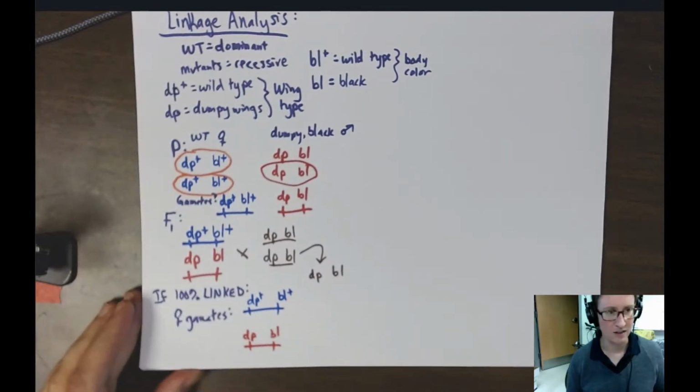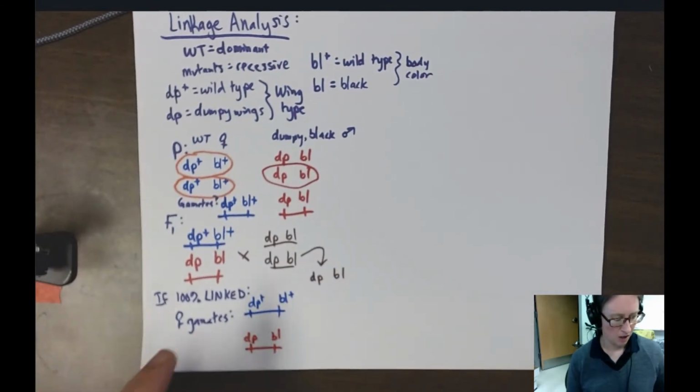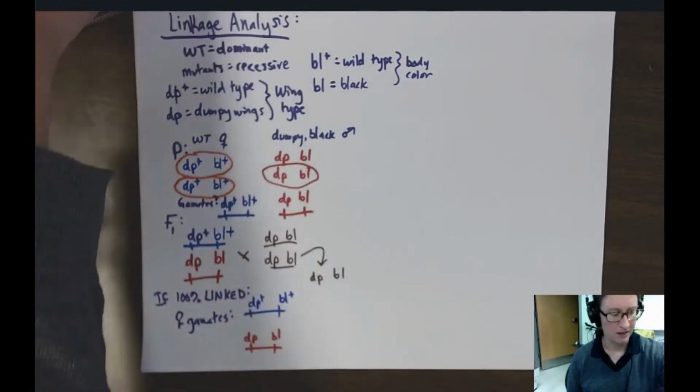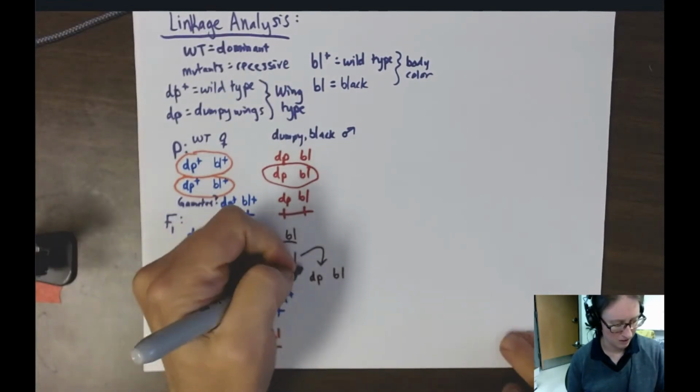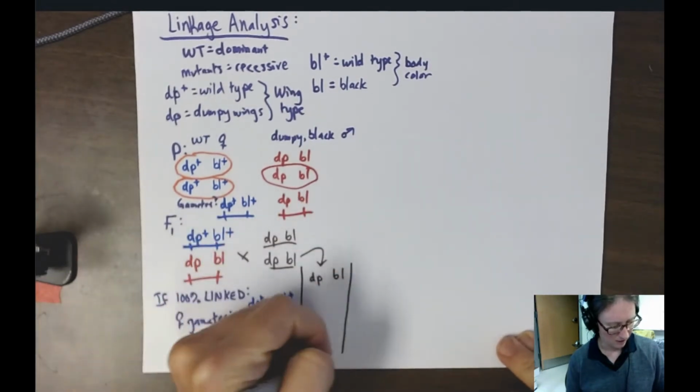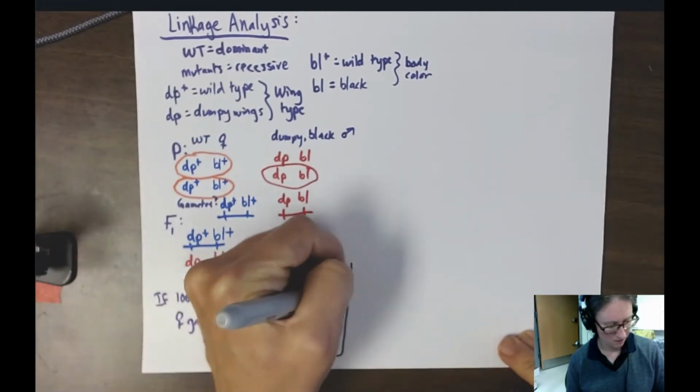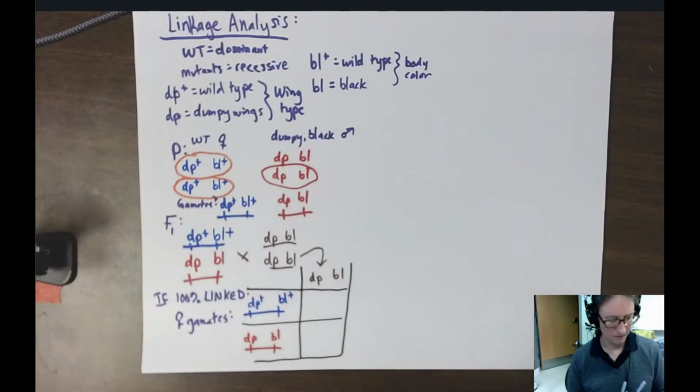So if these are completely linked, I'm only going to wind up getting two possible combinations. So instead of having a Punnett square, I'm just going to have a Punnett rectangle, right?